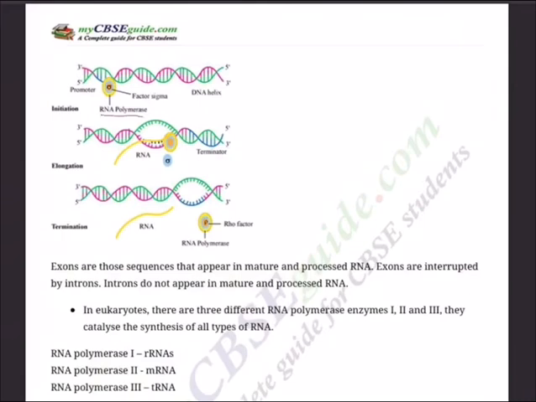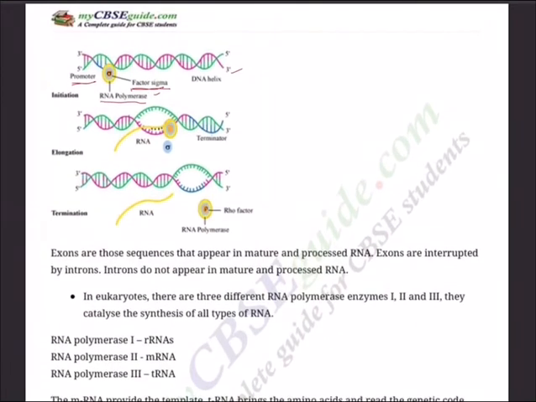See here: RNA polymerase enzyme, and the sigma factor is there, the promoter region 5' to 3'. Now there are 3 steps in the total transcription. First one is initiation. For initiation, what are the 2 things that are a must?